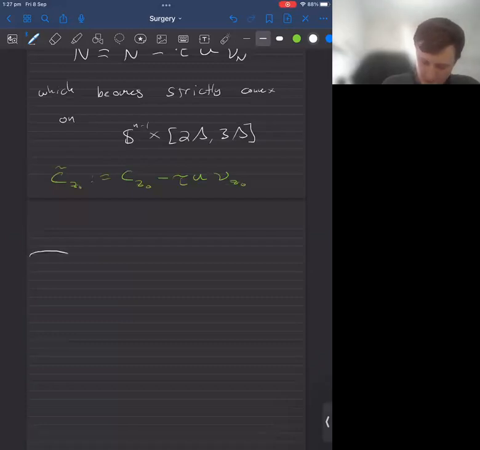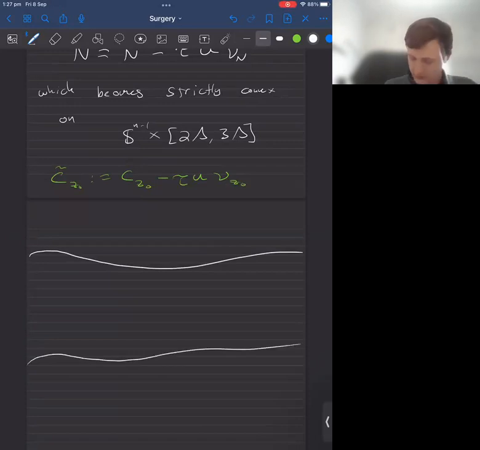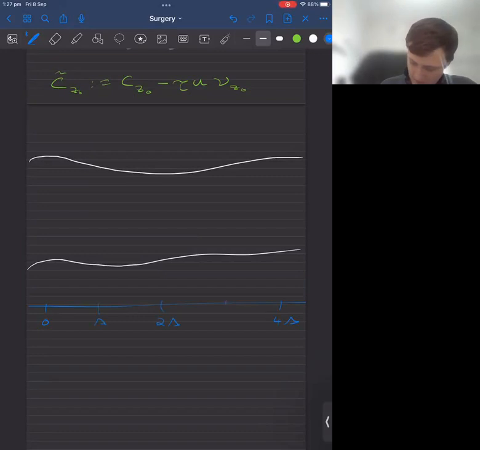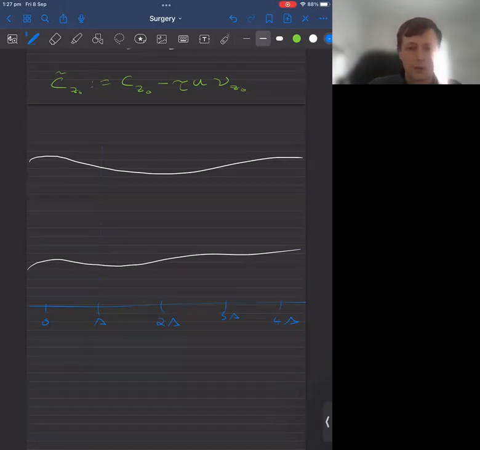So say we've got a close to cylindrical surface, going from 0 to 4 lambda. So it doesn't change up to lambda. Nothing happens.